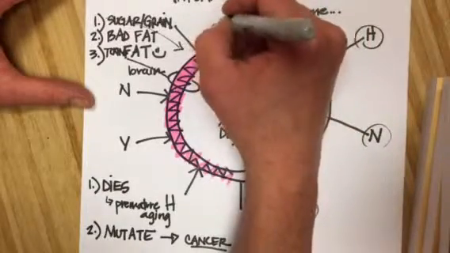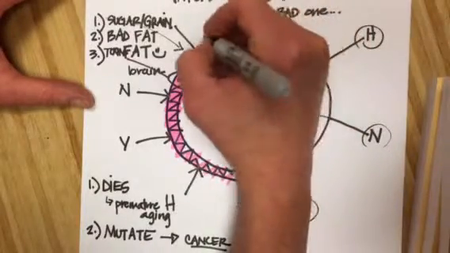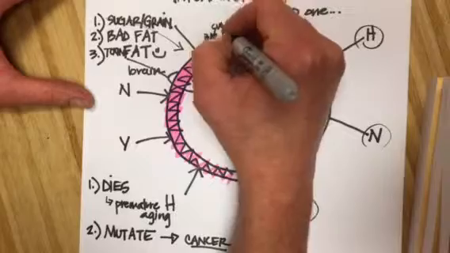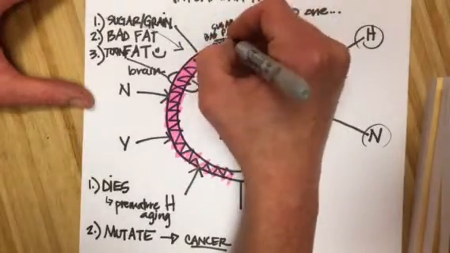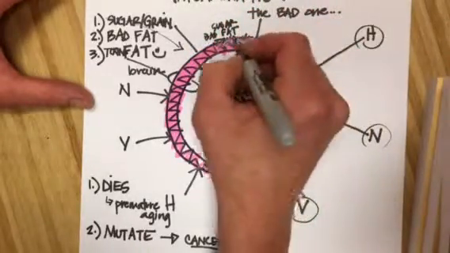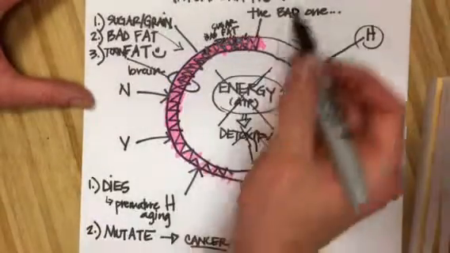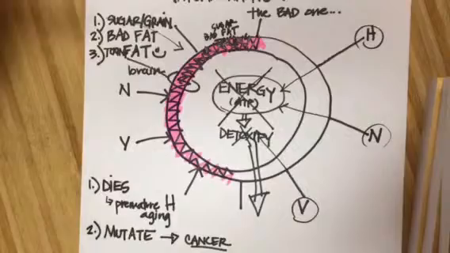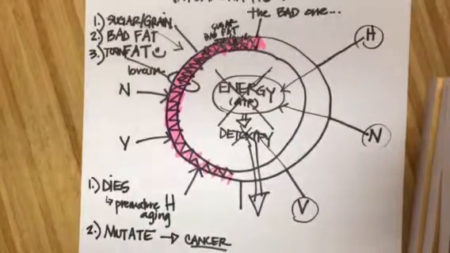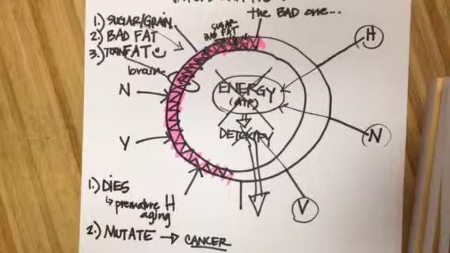So sugar, bad fat, and toxins invade our very delicate, very precious cellular membrane, disrupting the ability for our cells to hear our precious hormones, take in the vitamins and nutrients coming from our food and supplements.